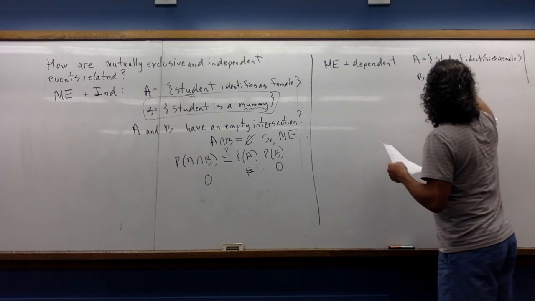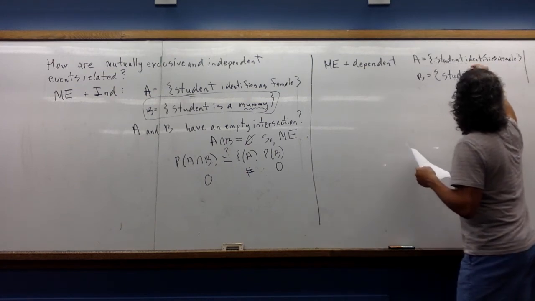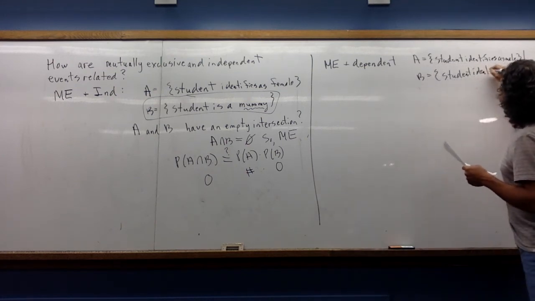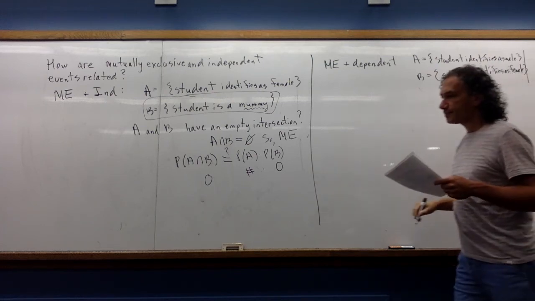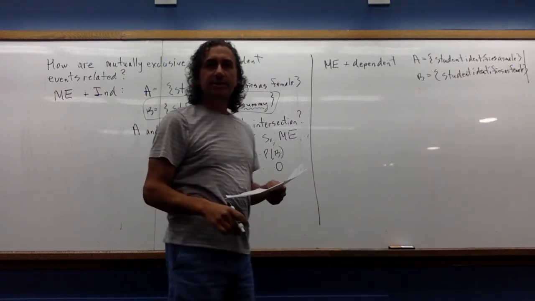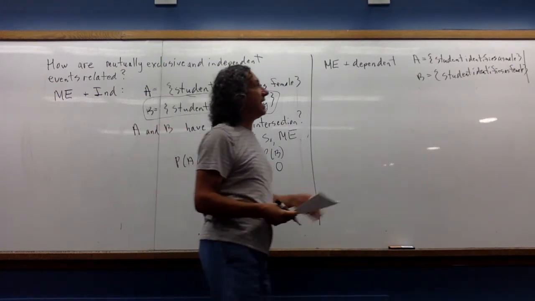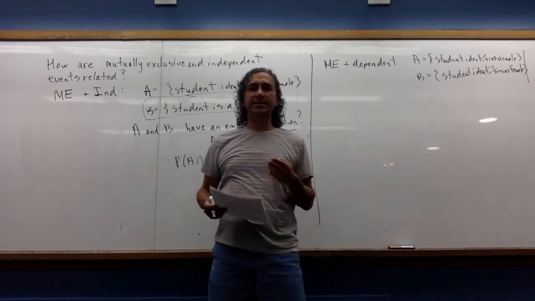B: student identifies as female. Are they mutually exclusive? Yes, because the intersection of those two sets is empty.